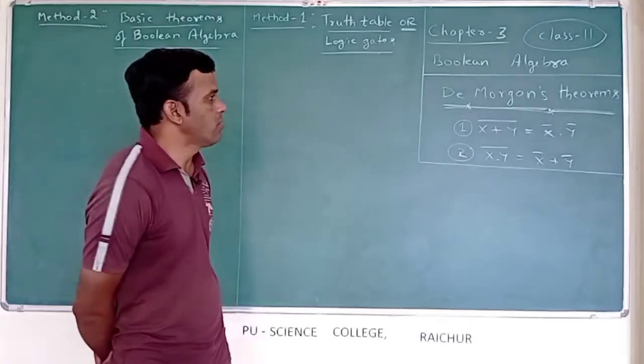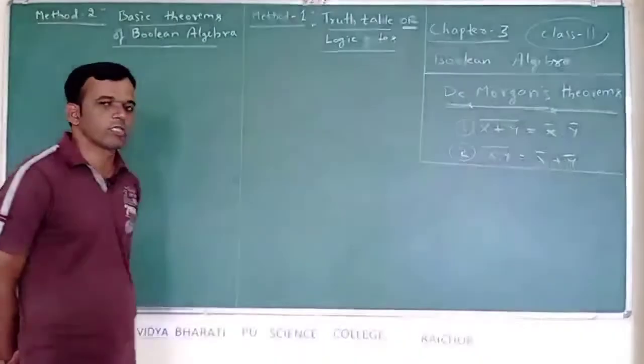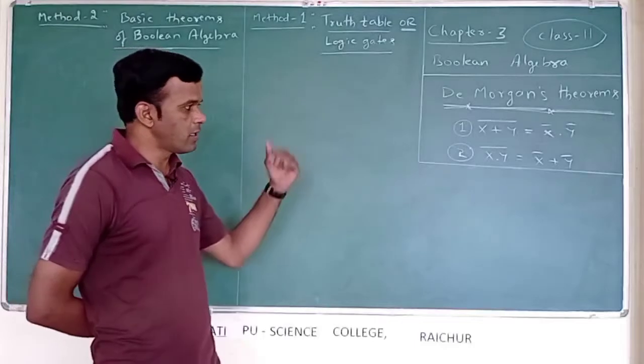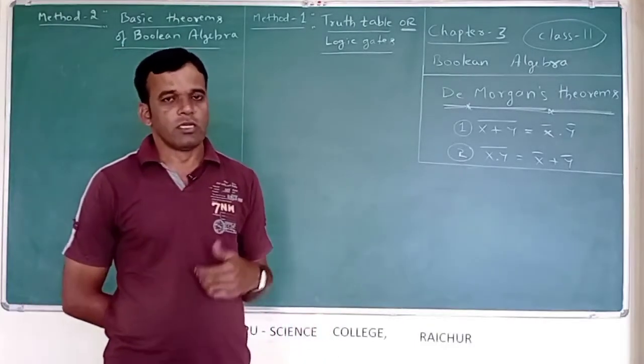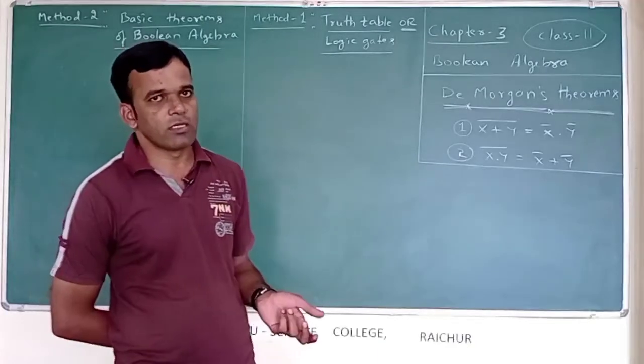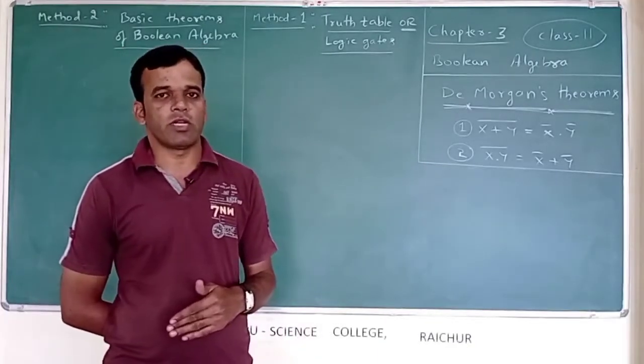So, here we have two De Morgan's theorems. These are also Boolean algebraic theorems. So far we have seen 18 Boolean algebra theorems.